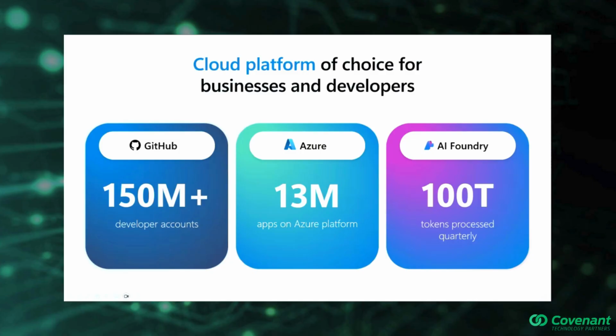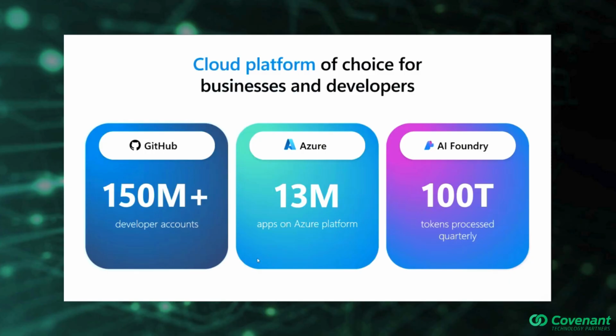It has already turned into a very massive product suite for Microsoft. It's all built on top of the Azure infrastructure where there's 13 million apps that are tied into this today. And there's over 150 million developer accounts in GitHub that can take advantage of these features today as well.